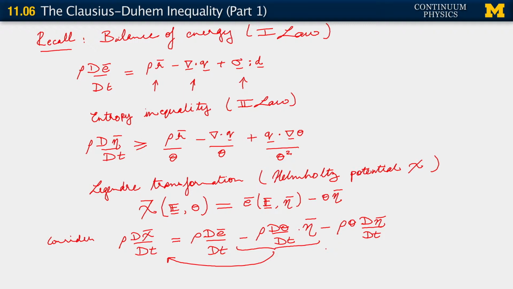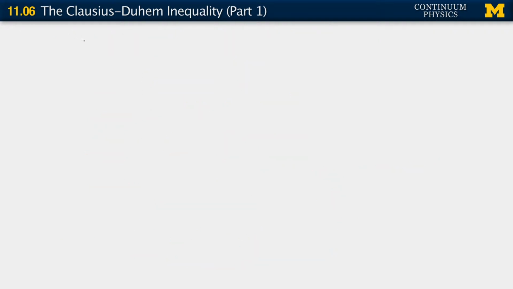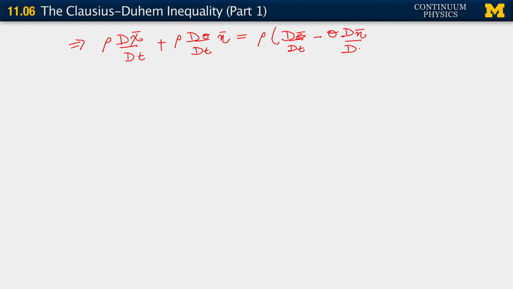When I do that, we get rho times the material time derivative of the Helmholtz potential plus rho times the material time derivative of the temperature times eta bar, equals rho times the material time derivative of the internal energy minus rho theta times the material time derivative of the entropy.